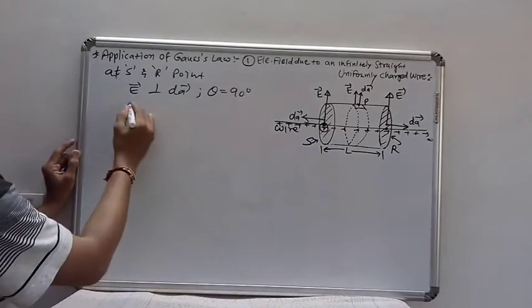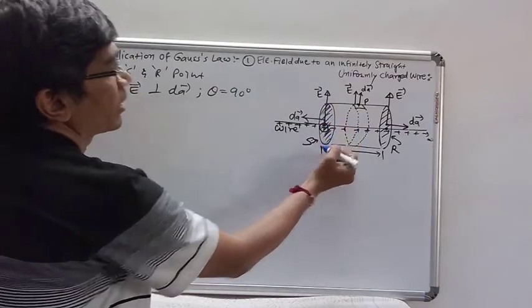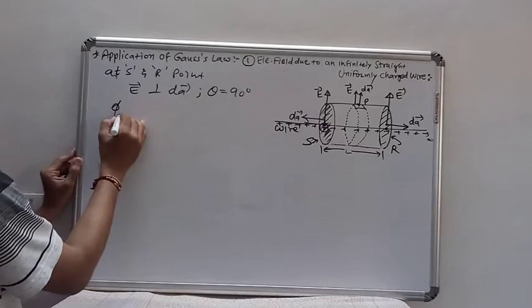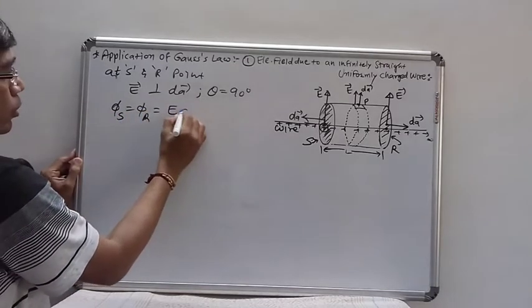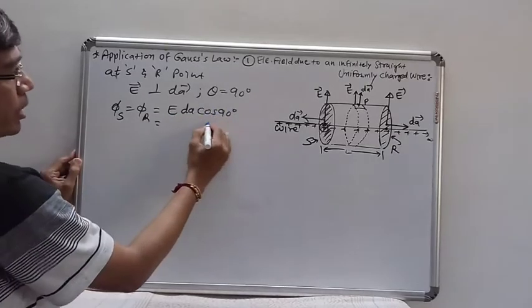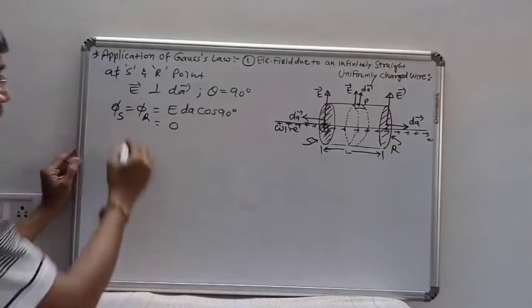So the flux coming out from this circular surface area is given by phi s is equal to phi r is equal to E dA cos 90. Cos 90 is equal to 0, so the flux is 0.